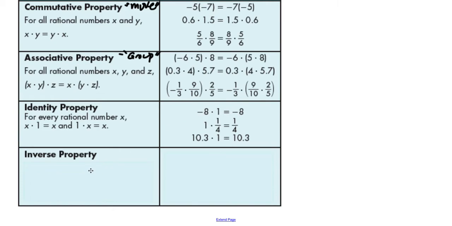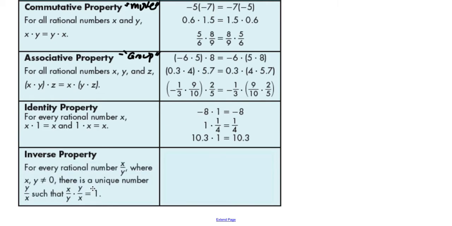So in the inverse property, we learned this too. For every rational number x over y, where x, y is not equal to 0, there is a unique number y over x, such that x over y times y over x equals 1. This is simply the multiplicative inverse property, or property of reciprocals.